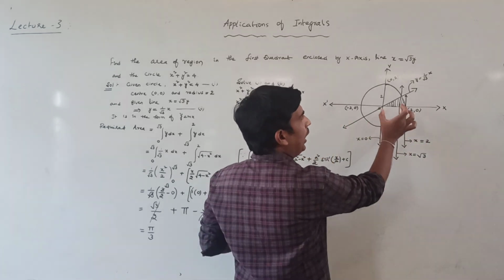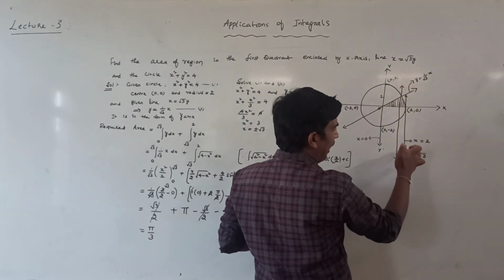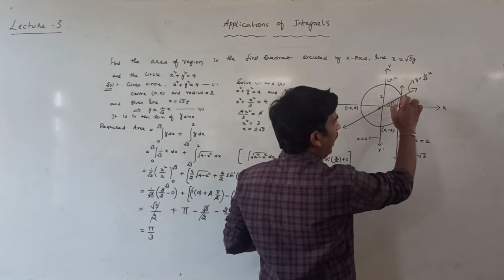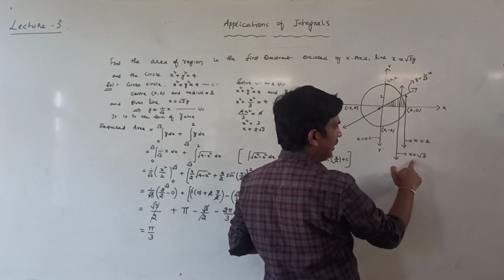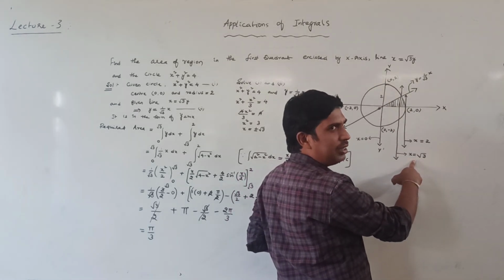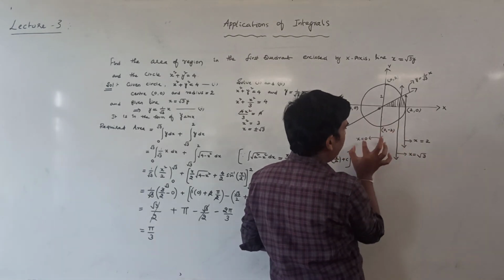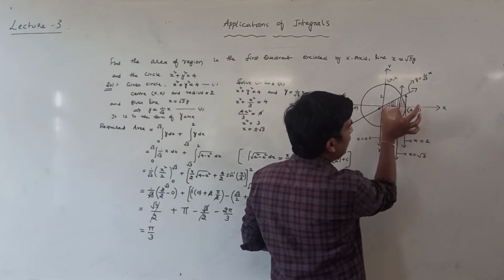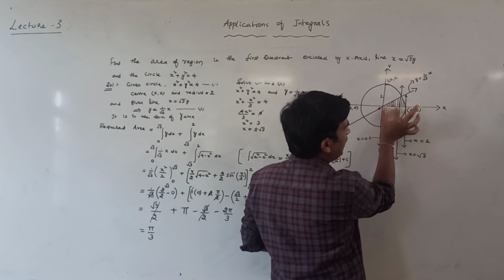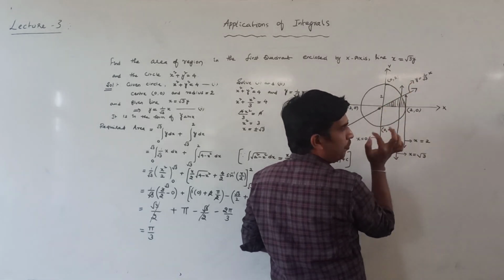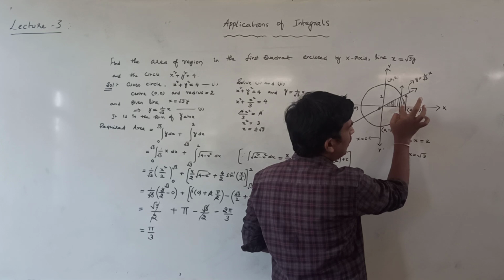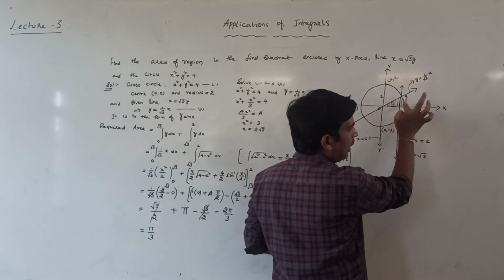Here I drew one line where the line and curve intersect, nothing but at x equals root 3. So it is separated: from 0 to root 3, this area is bounded by the line; from root 3 to 2, this area is bounded by the curve.